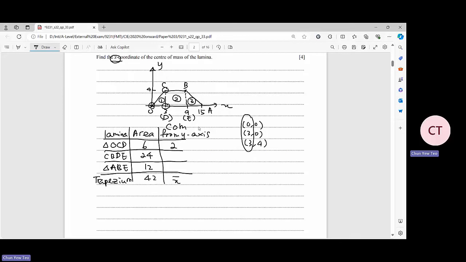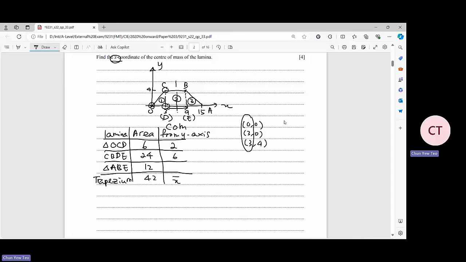Same thing over here. For the rectangle, it will be easier because the center is in the middle. So 3 plus, this distance is 6, 6 divided by 2 is 3. So 3 plus 3 is 6. Then for the last triangle, also just use the coordinates.